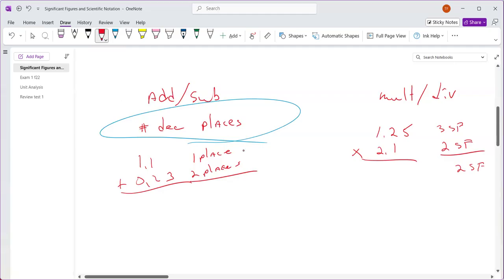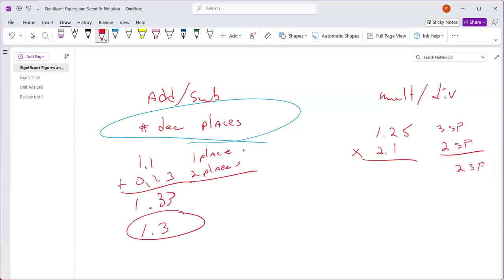So whenever we do operations involving significant figures, we always look to the smallest, least precise number of sig figs. So which is smaller, 1 or 2? So your answer is going to have one decimal place. So when we do this addition, it's going to be 1.33. The answer is 1.3. We have to round to the smallest decimal place. Okay?